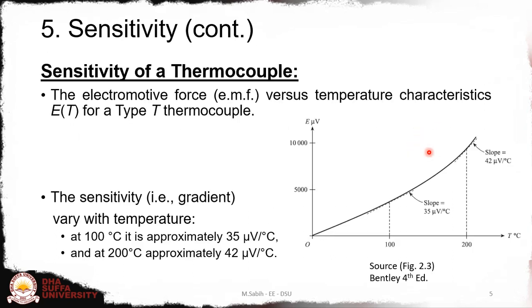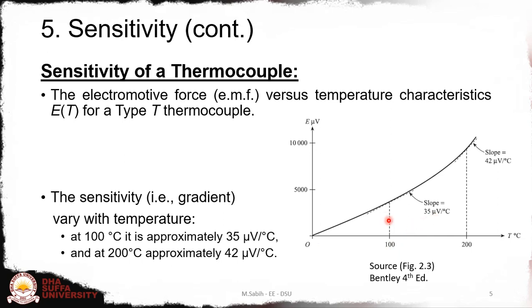This is an example of sensitivity of a thermocouple. The electromotive force versus the temperature characteristics of a type T thermocouple is shown here. In this figure, we can see that the sensitivity evaluated at 100 degrees is approximately 35 microvolts per degree centigrade.